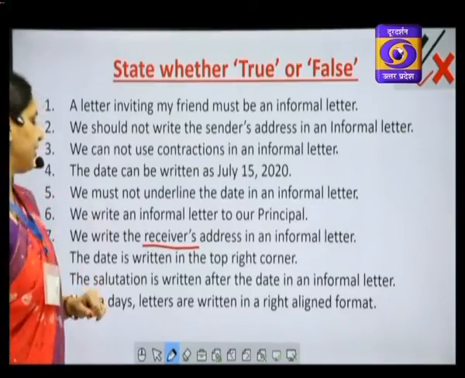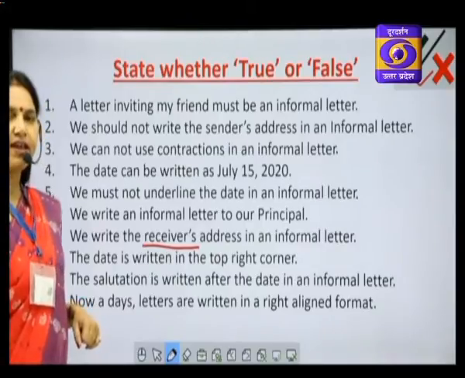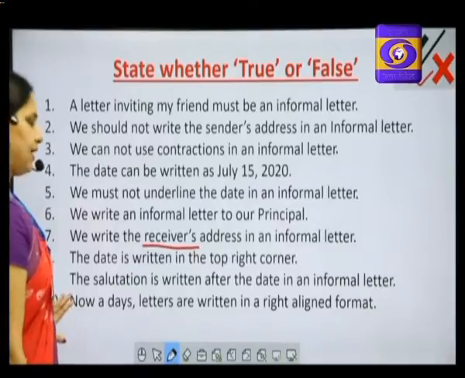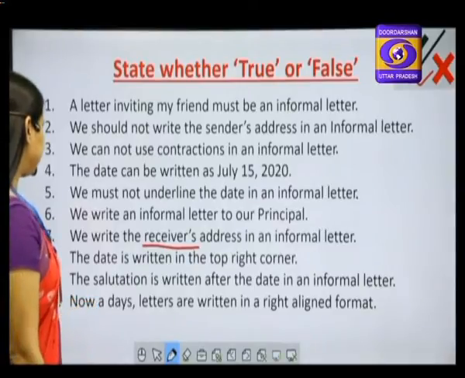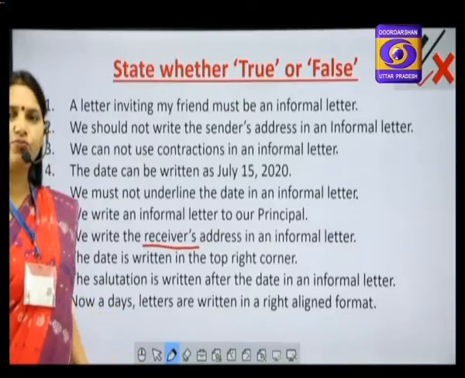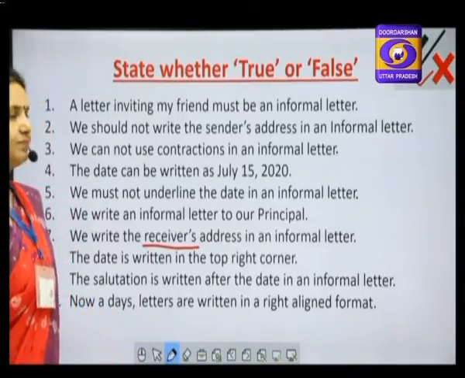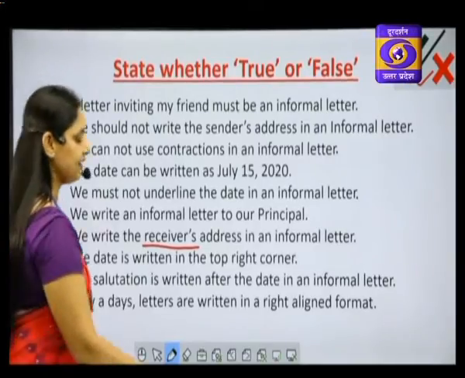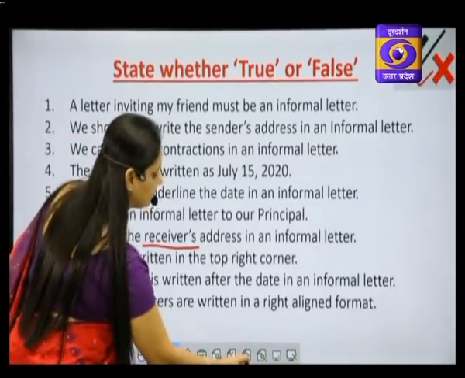Ninth is, the salutation is written after the date in an informal letter. And the last one, the tenth, is, nowadays, letters are written in a right-aligned format. I hope you've written all your answers. Let us check the answers now.